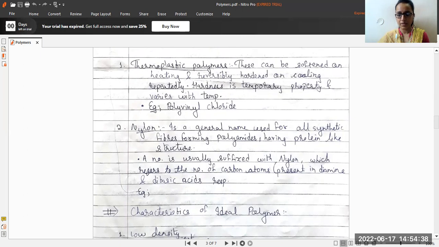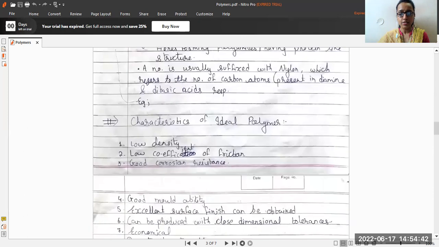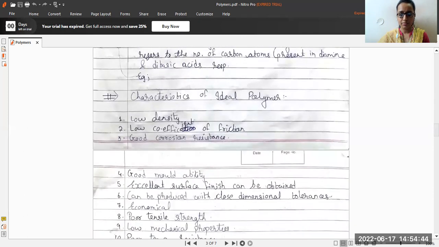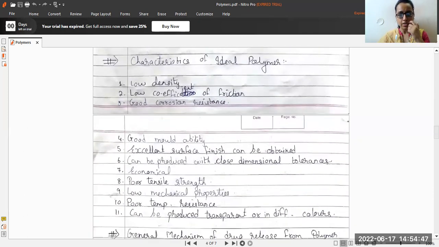Next, we will talk about the characteristics of ideal polymers. What should be the characteristics of an ideal polymer so that it is easy for us to understand and easy to use in novel drug delivery systems and novel approaches?